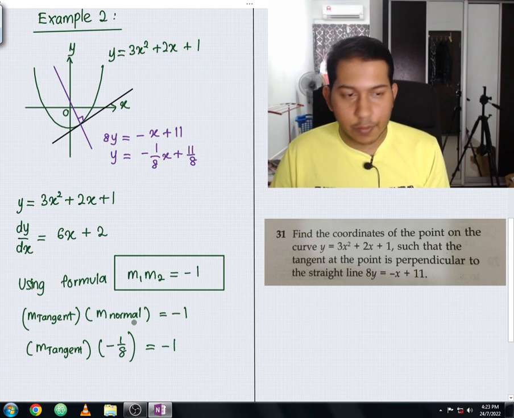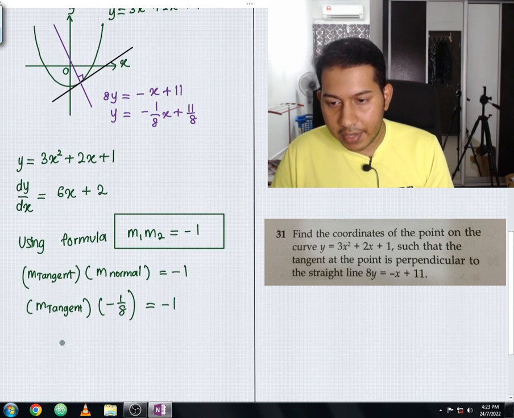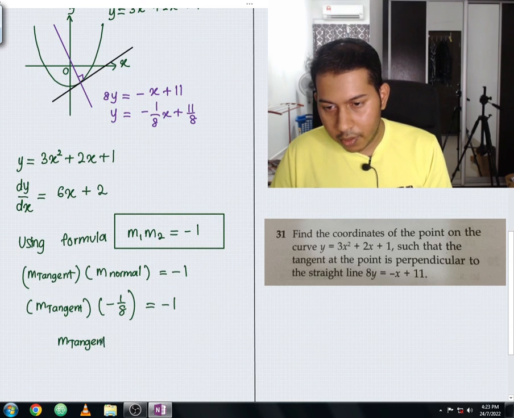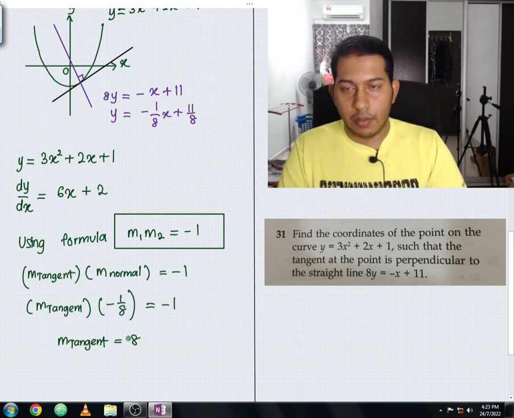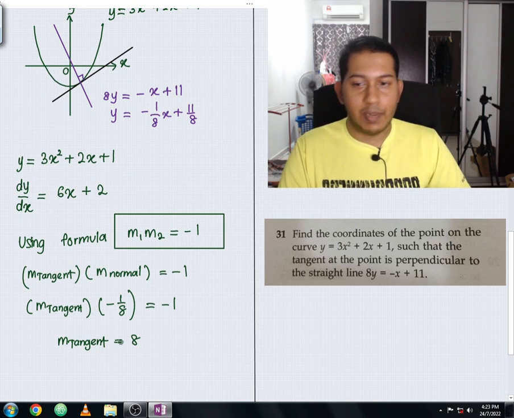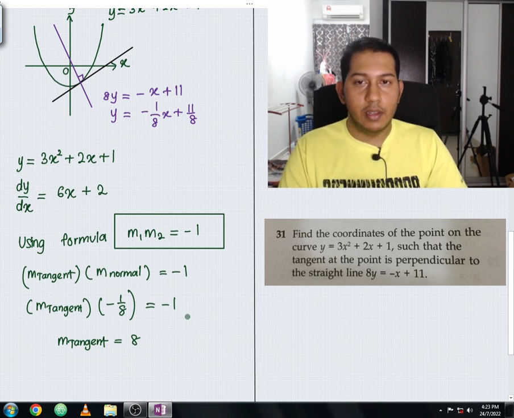So using this formula, now you can find the gradient of the tangent. So in this case, your gradient of tangent is equal to 8. This black color line is the tangent, with gradient of tangent 8. So this is your step number 2. Step number 1 clear, step number 2 clear.